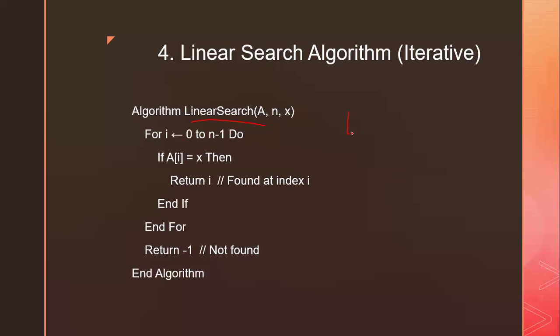Remember that arrays start from index 0. That's why we're doing that here. If we say from 1 to 5, then n minus 1 is going to be equal to 4.